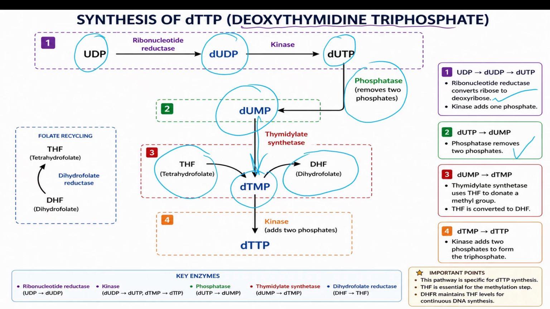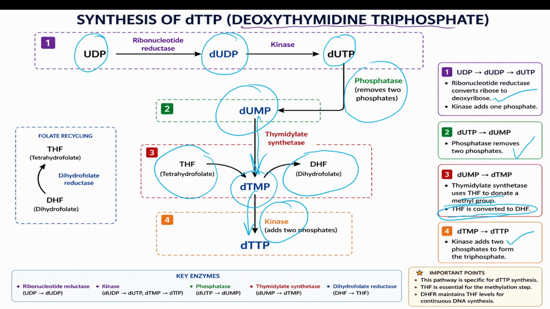The third step is also mentioned here: thymidylate synthase uses THF, tetrahydrofolate, to donate a methyl group. So tetrahydrofolate is converted into dihydrofolate. In the fourth step, kinase enzyme adds phosphates so that dTMP is converted into dTTP, meaning triphosphate.